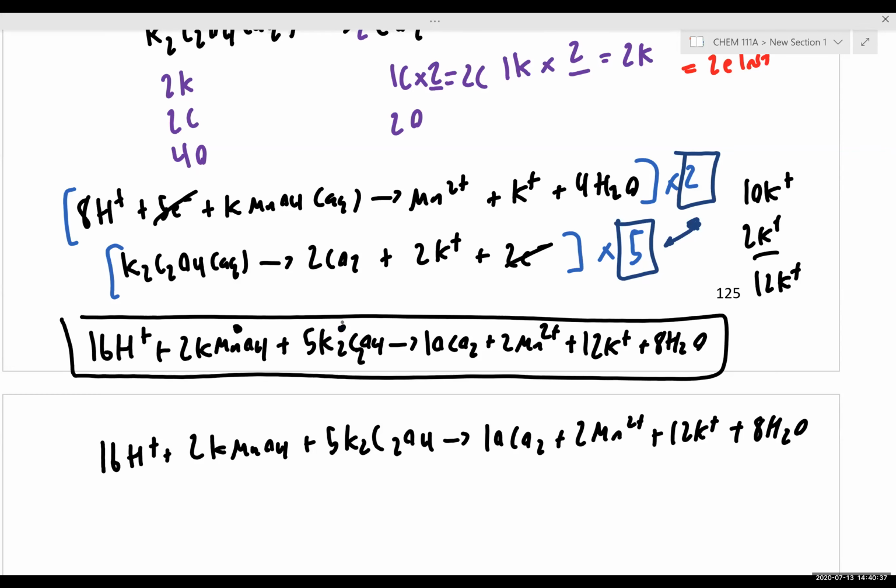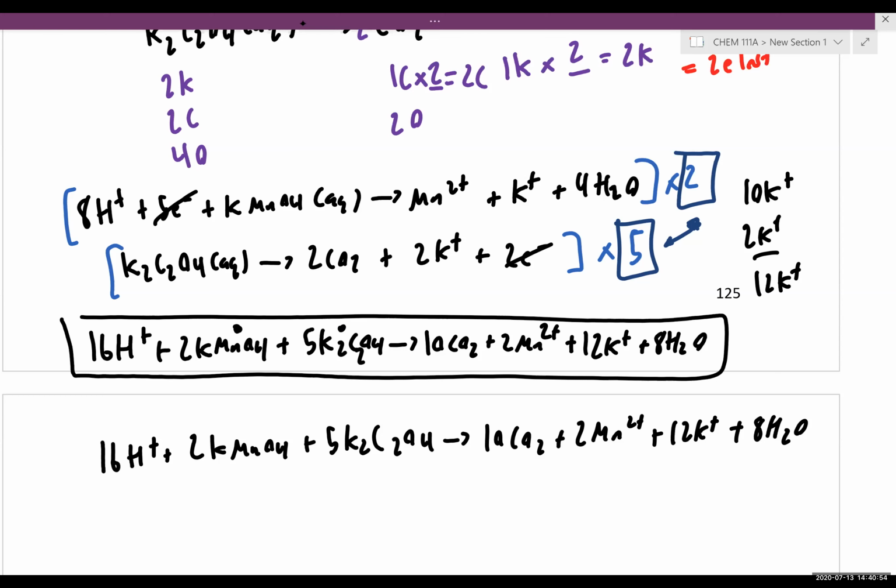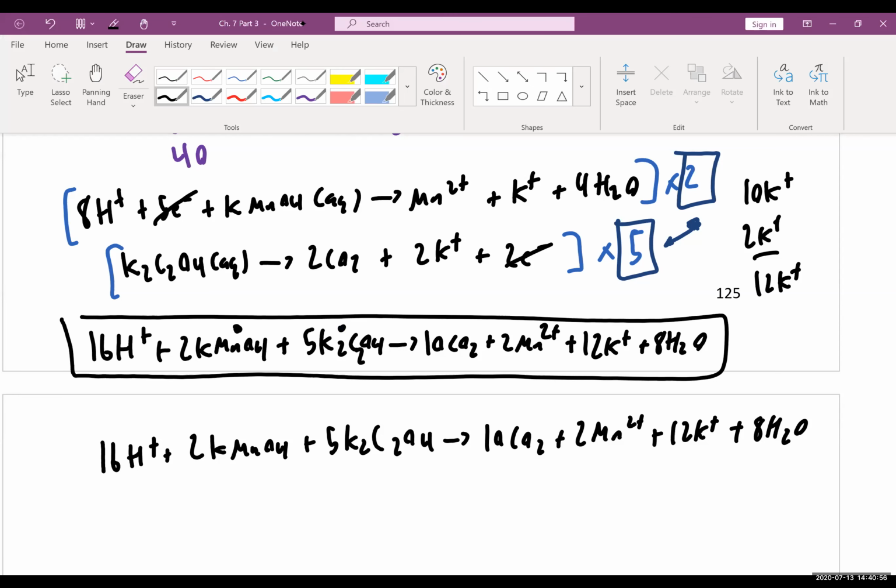That can let you save time, because for a redox titration you don't have to get your entire equation 100% perfect. You just need this ratio of your oxidizing agent to reducing agent. So it really can help if you are pressed for time.